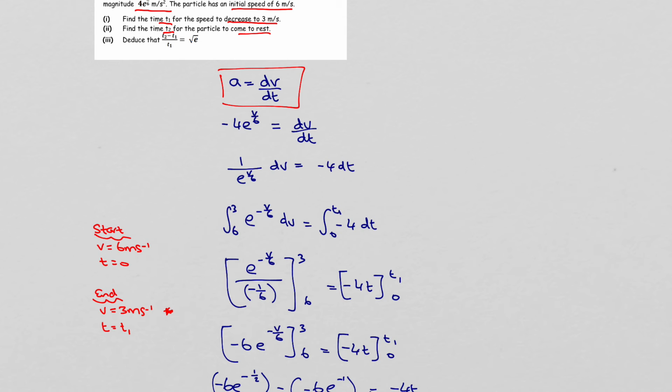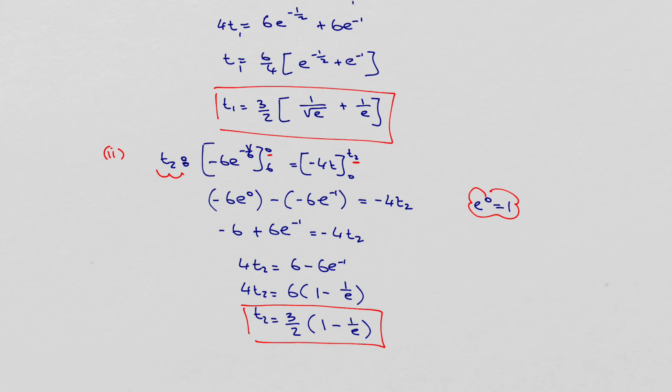So it then says, deduce that T2 minus T1 over T1 is equal to root e. So that means we're going to take T2 minus T1 and put it over T1. And we want to end up with root e.